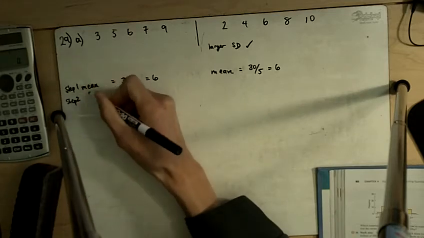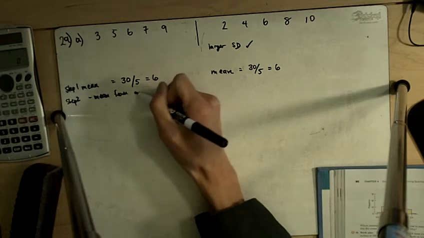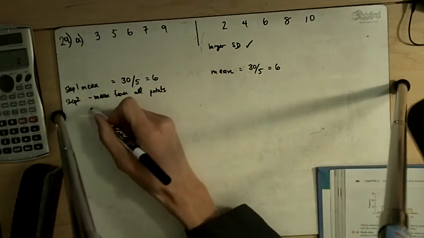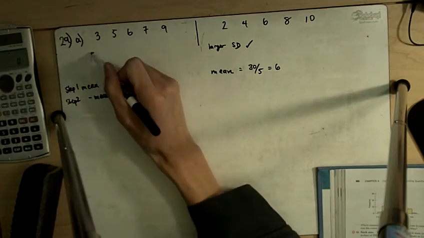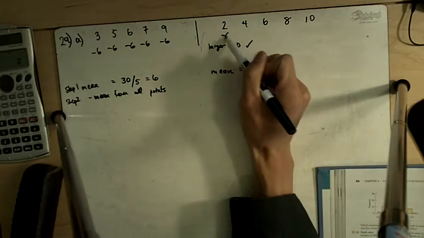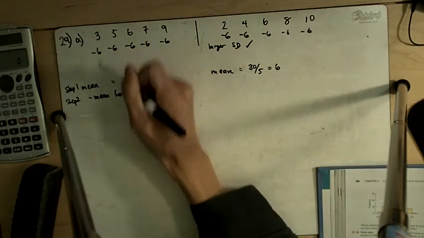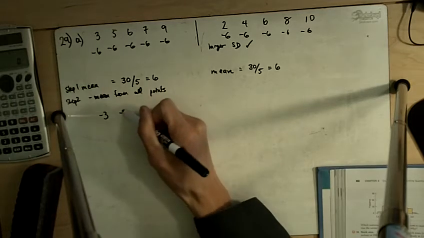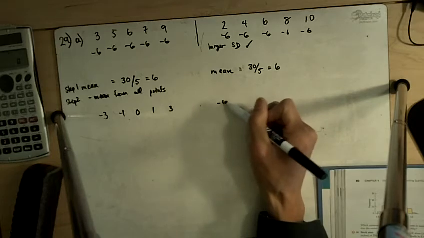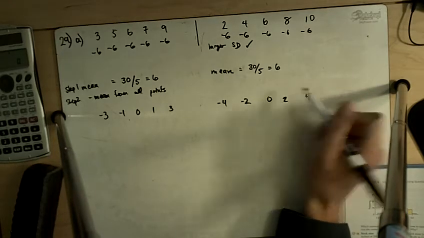Step 2 is subtract the mean from all points. Okay, so we do 3 minus 6. So I'm just going to do minus 6 for all of them. I'm going to do the same over here. And the resulting numbers, 3 minus 6, I'm going to get negative 3, negative 1, 0, 1, and 3. And over here I get negative 4, negative 2, 0, 2, and 4.